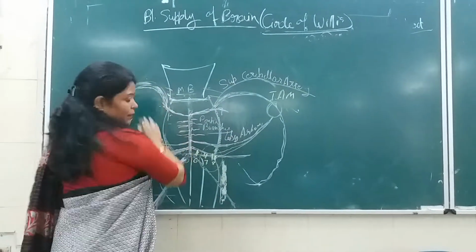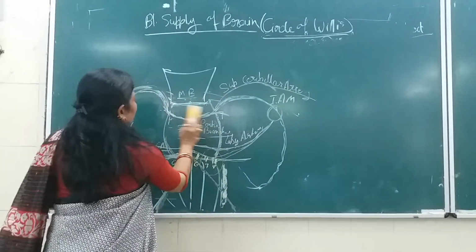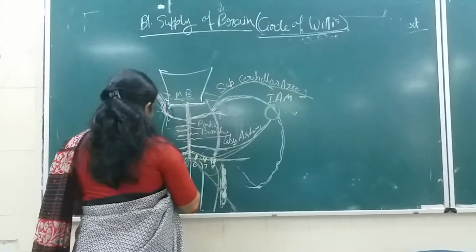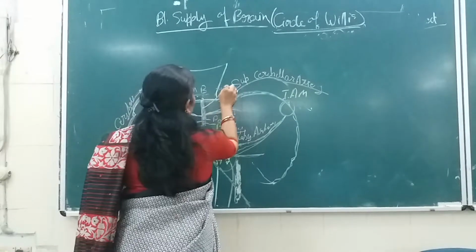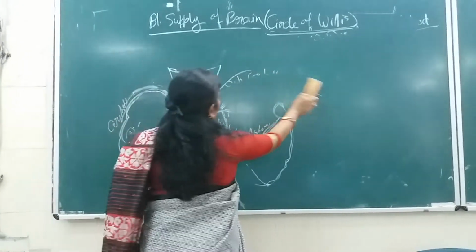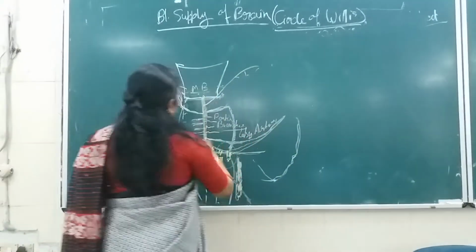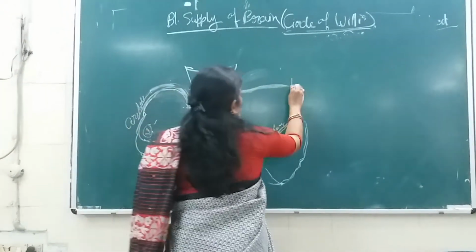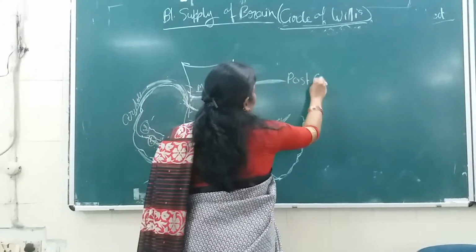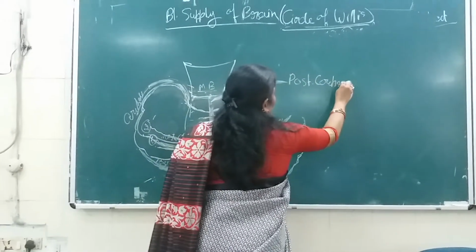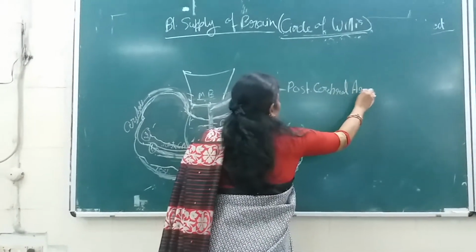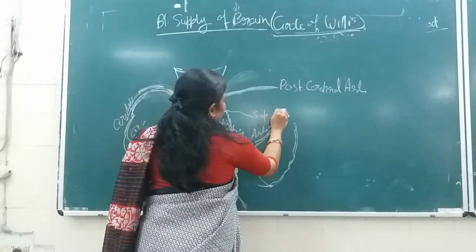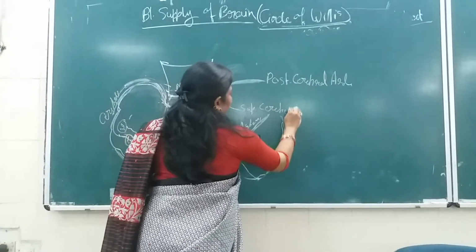Now at the upper border, there is again one branch which is known as the posterior cerebral artery. Okay, posterior cerebral artery, and this was the superior cerebellar artery.